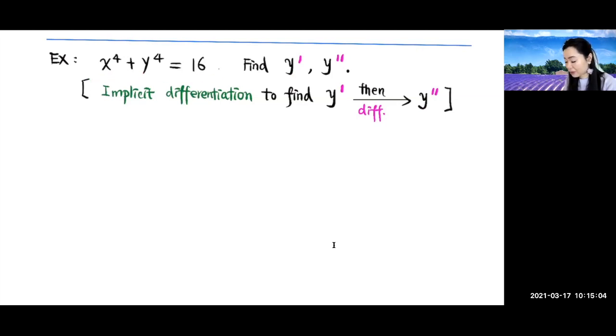Instead, I can find y prime. The first step here is to differentiate both sides of this equation with respect to x.